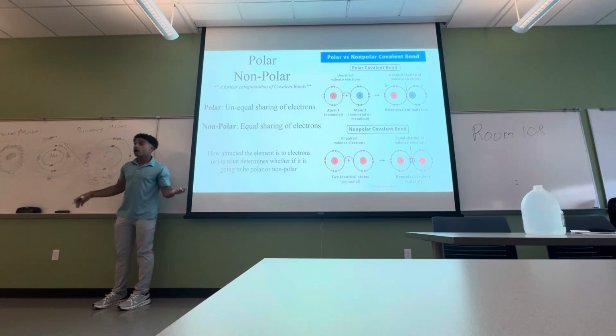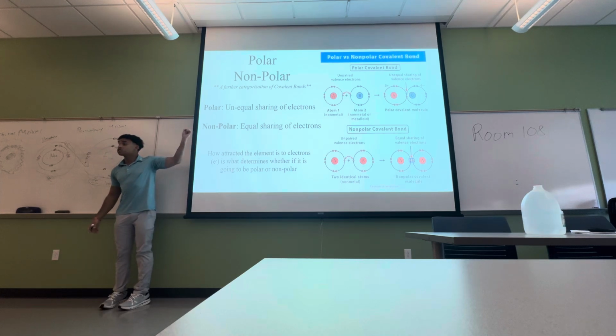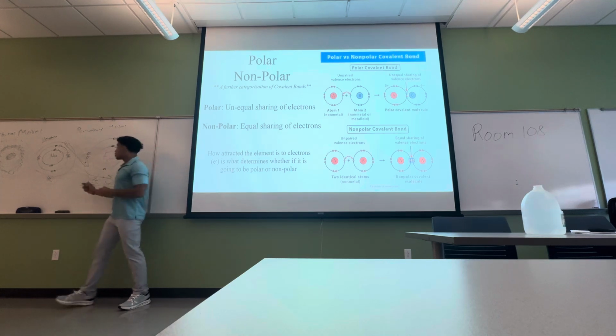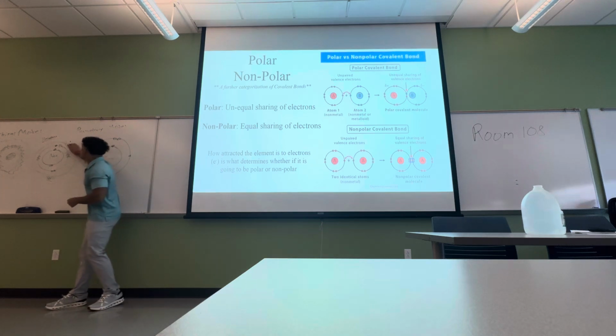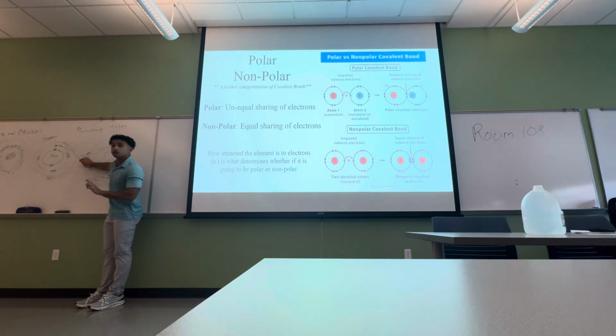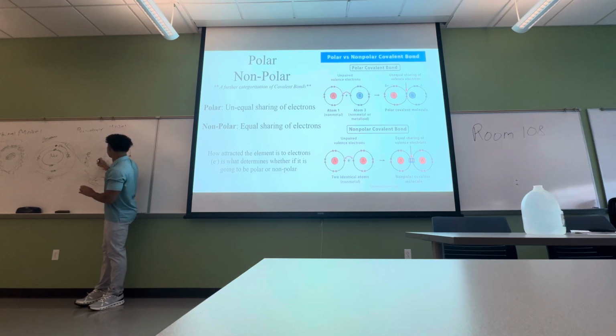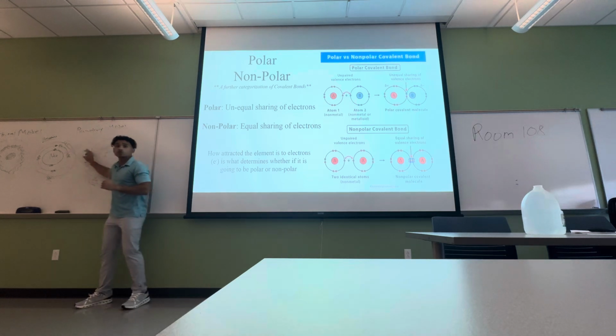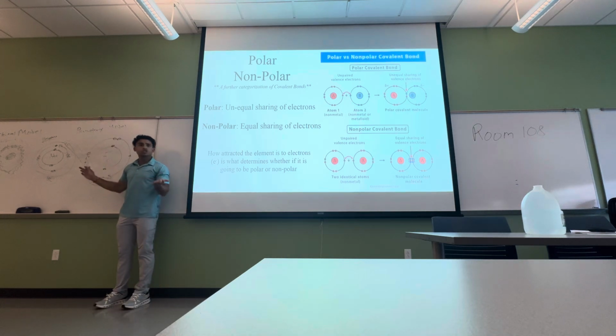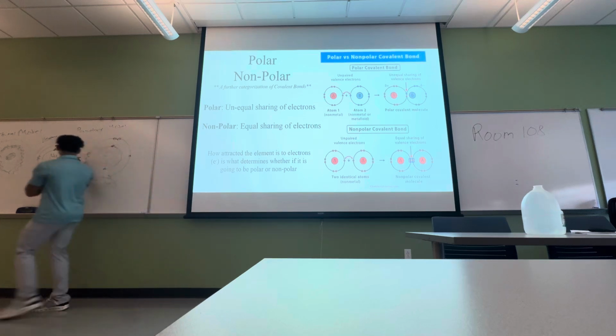Now with polar bonds, you see it's an unequal sharing. So what happens is that the electron stays away from sodium, and it stays closer to fluorine, which is just F. It stays closer with fluorine for longer. And I'm pretty sure I drew that picture, right, of how this thing works.